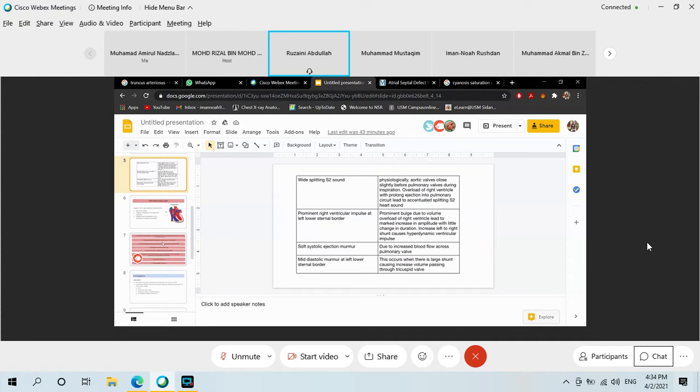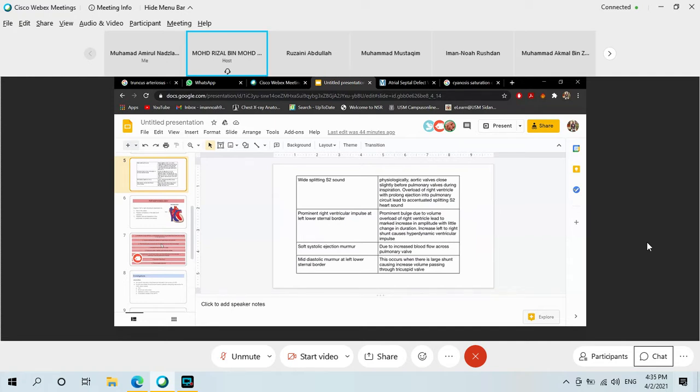The systolic ejection murmur. Apa lagi yang bagi ejection systolic murmur? It can also be because of the regurgitation of the aortic valve. Regurgitation of aortic regurgitation is ejection systolic murmur. Sorry, Doctor. No. Stenosis, Doctor. Aortic stenosis. Bacalah dulu.